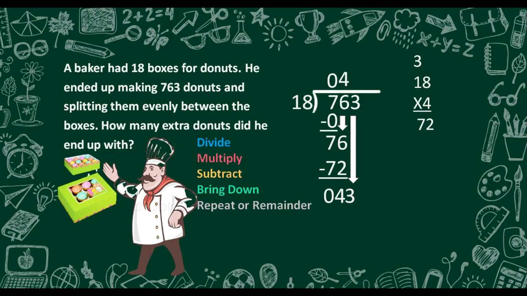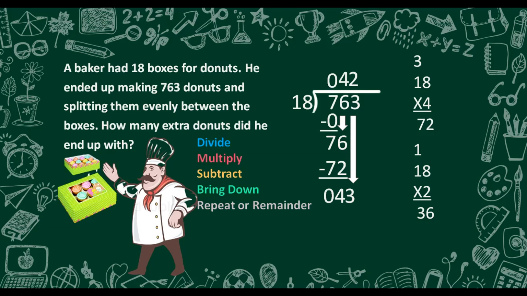Now we say to ourselves, how many times can 18 go into the number 43? Well, since we don't know our 18 times tables out of our heads, we can use some side multiplication. In this case, we found out that 18 times 2 would give us 36. So we can use the number 2.